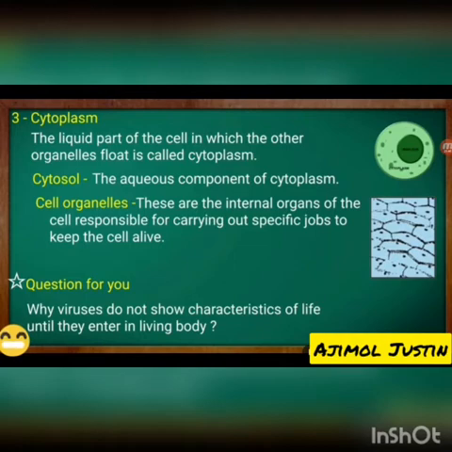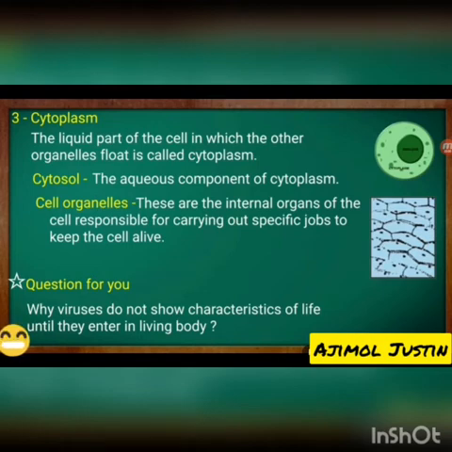The same way cells also have different organs, and they are not called organs, they are called organelles. Understood? So cell organelles are internal organs of the cell and they are responsible for carrying out specific jobs so that the cell remains alive.